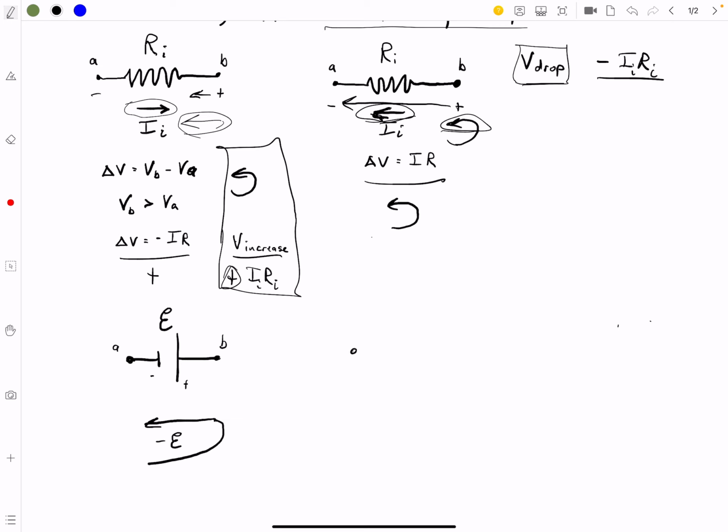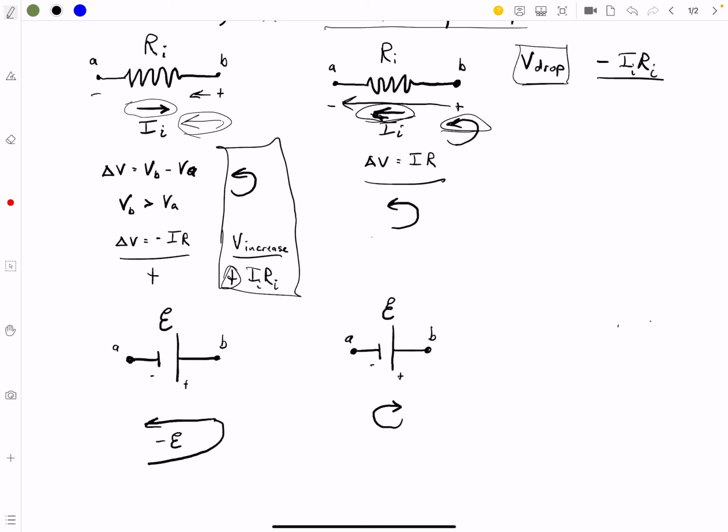If we are going this way, oh boy, same EMF, plus and negative, B and A, but our loop is going that direction.